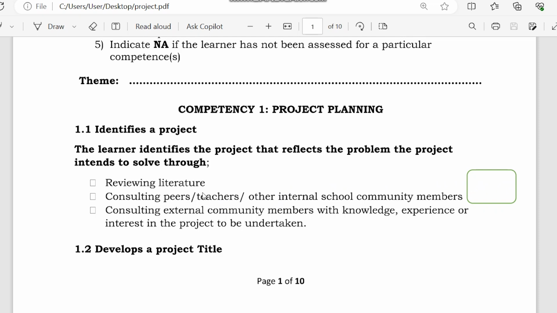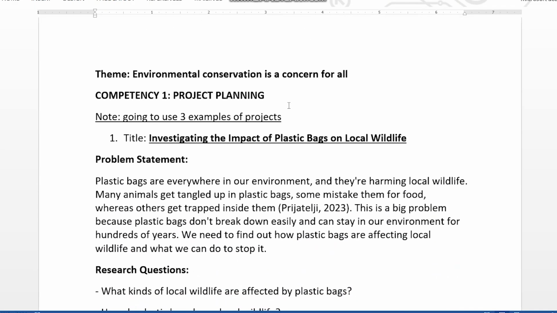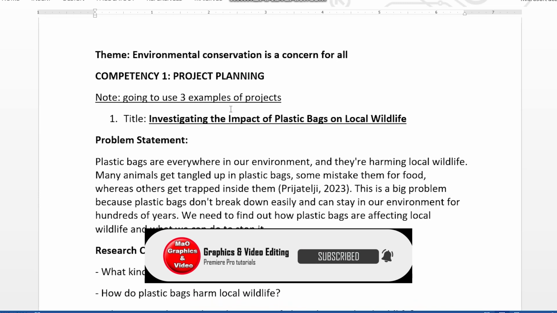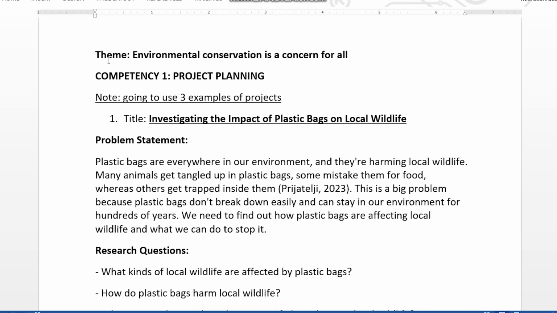I'm going to briefly show you using my sample how this can be identified, whether the learner has done it or not. So my sample is here, and I have 3 samples I'll show you probably in different videos. So for this video, I'm going to begin with the first sample. The theme I'm using is environmental conservation is a concern for all.